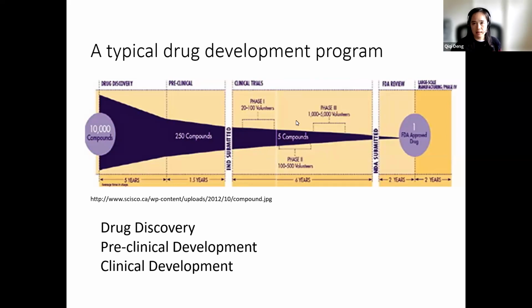So as you go deeper into the cycle, more sample size is needed and the cost is higher. Therefore, in this process you really want to control the risk very well, not only for the investment of the drug companies, but also for the benefit of patients, so that they get a more promising drug.